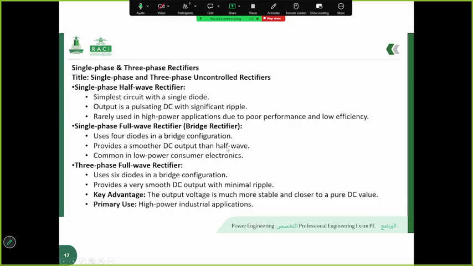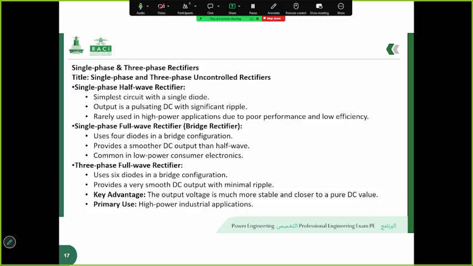Okay, single phase and three phase rectifiers are essential circuits for converting AC voltage into DC voltage, and their design greatly affects the quality of the output. The single phase half-wave rectifier is the simplest form, consisting of just one diode.